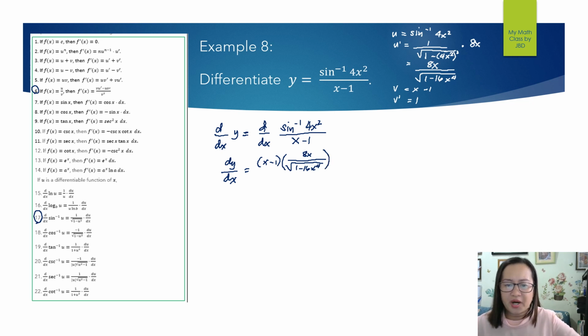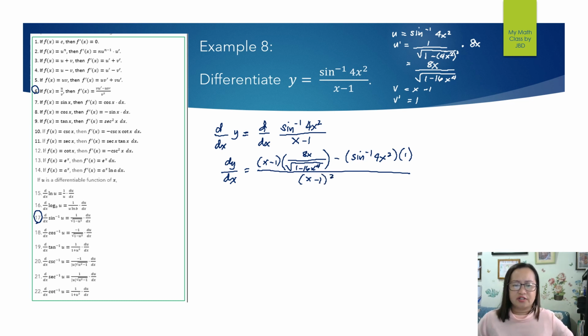Okay, minus u v prime. So u is the inverse of sine of 4x squared times 1. And then the denominator is v squared, so x minus 1 squared. So all we need to do is to simplify the expression at the right.